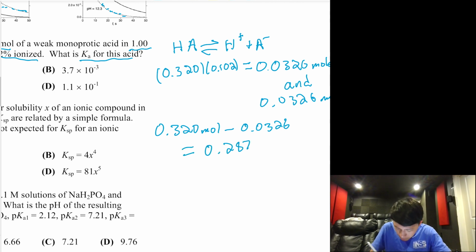and that's going to come out to 0.287 moles of HA. And now, because this is all happening in 1 liter of solution, the moles and concentrations are the same numerical value.